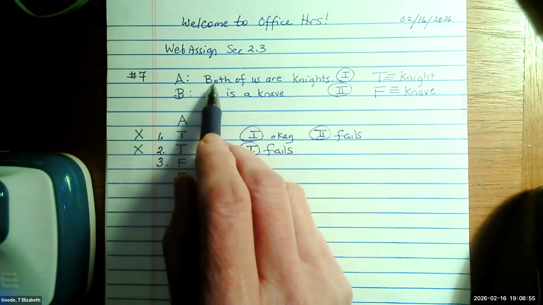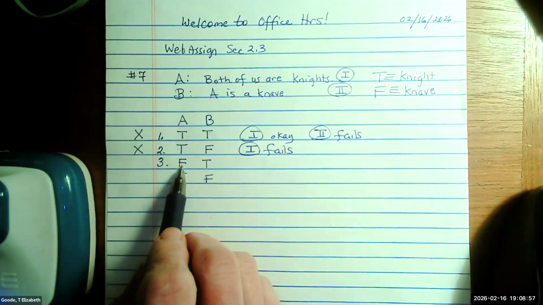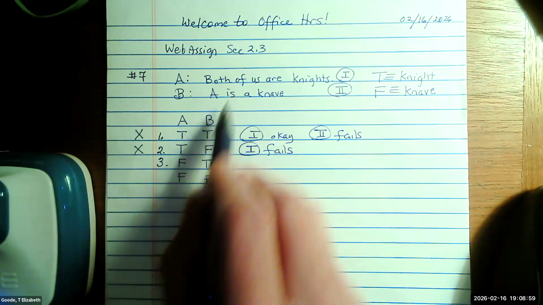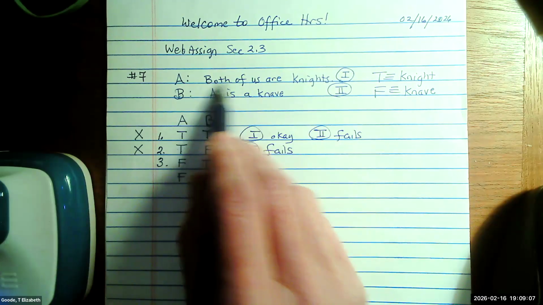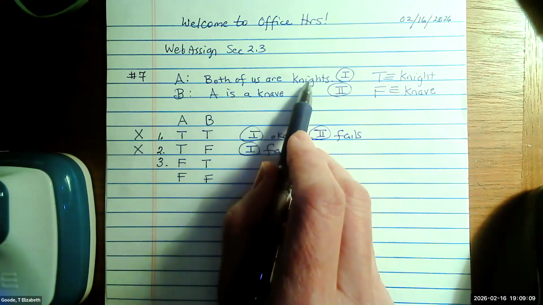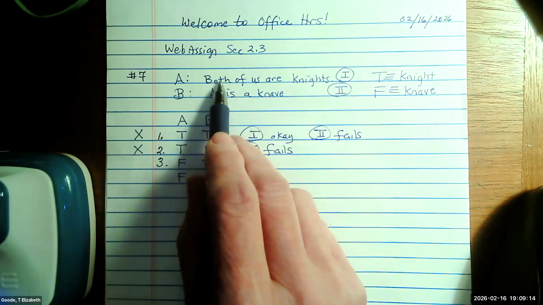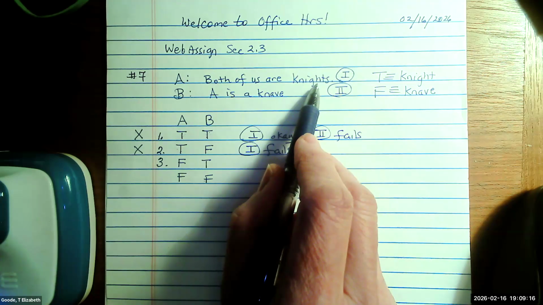A's statement has to be a lie in row three, right? Well, what is the negation of both of us are knights? Because this has to be a lie, that means this statement's negation is true. So what's the negation of both of us are knights? Either one of us is a knight. That's right.